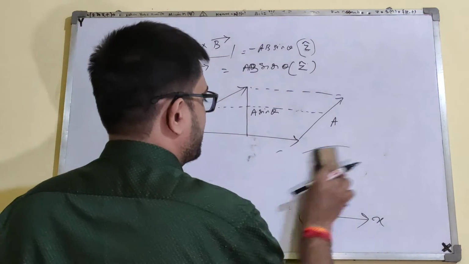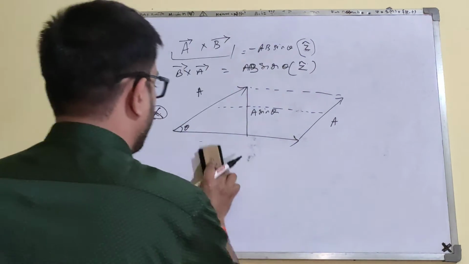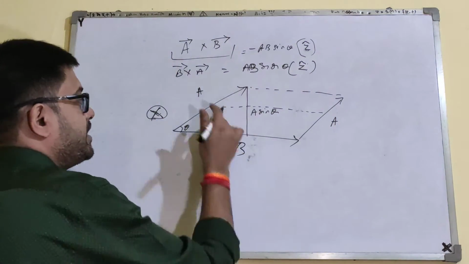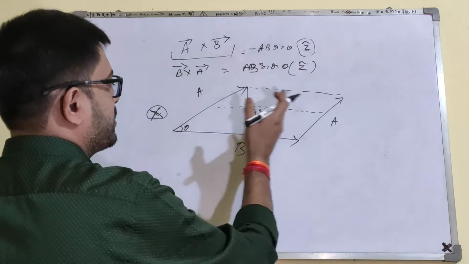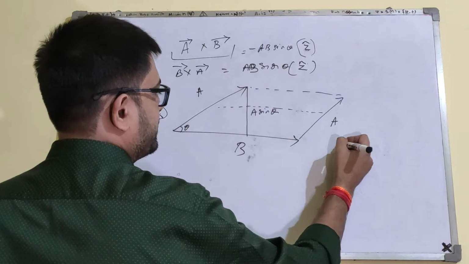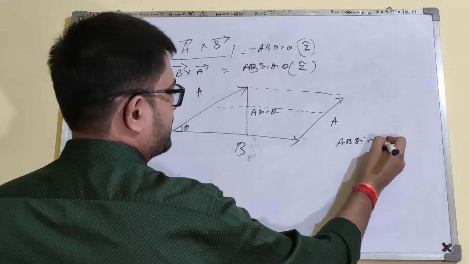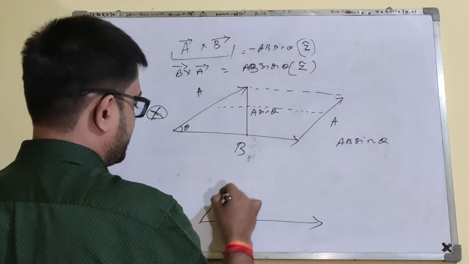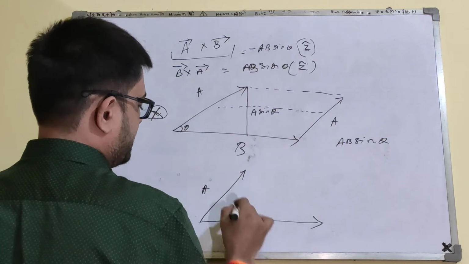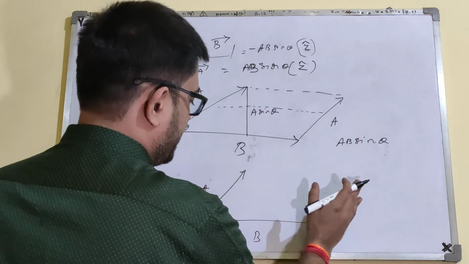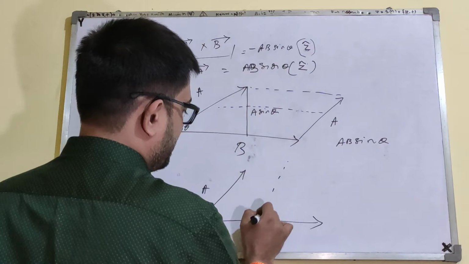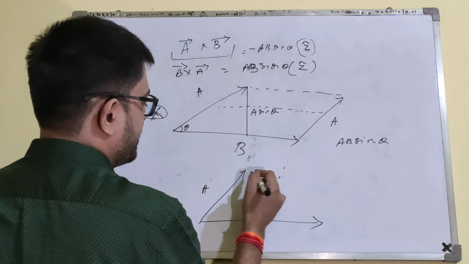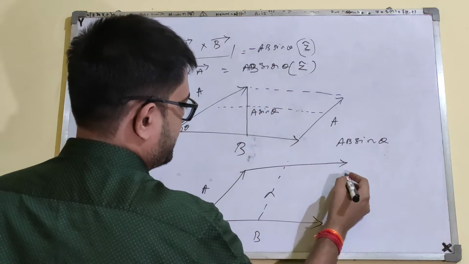Now let's think what happens when A crosses B. When A crosses B, this is B, it is going to cover an area AB sine theta. However, if this is A and this is B, instead of A crossing B, I take B crossing A. I take B and I simply slide it over A so that B reaches here.